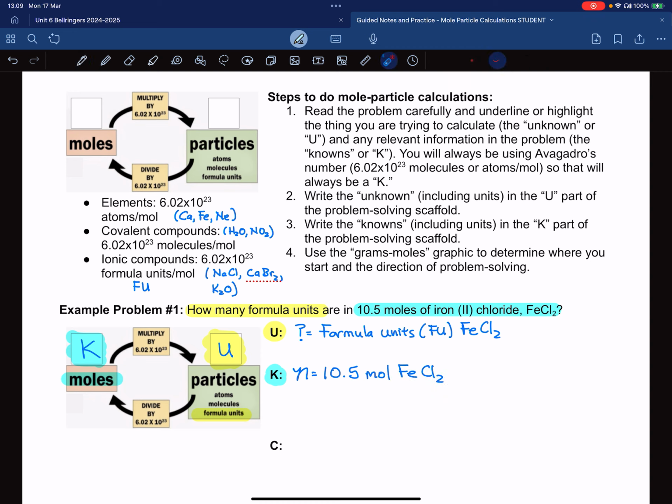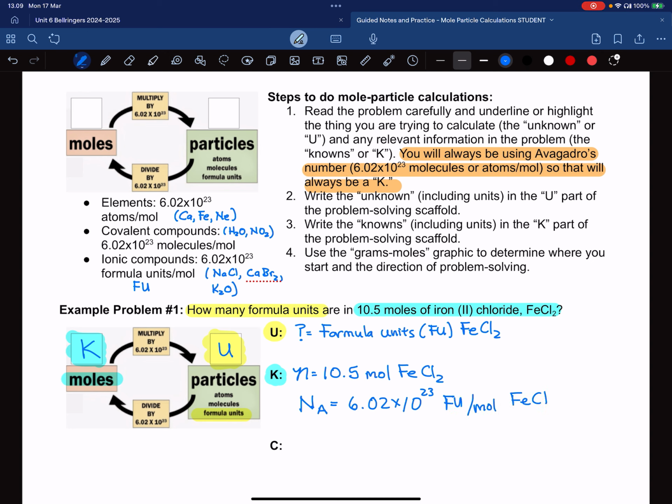Now, if you're dealing with particles, then you will always be using Avogadro's number, 6.02 times 10 to the 23rd particles per mole. The symbol for Avogadro's number is N sub A. 6.02 times 10 to the 23rd formula units per mole FeCl2.